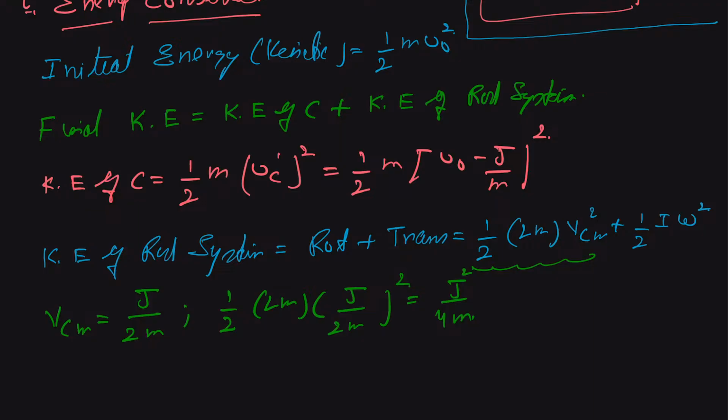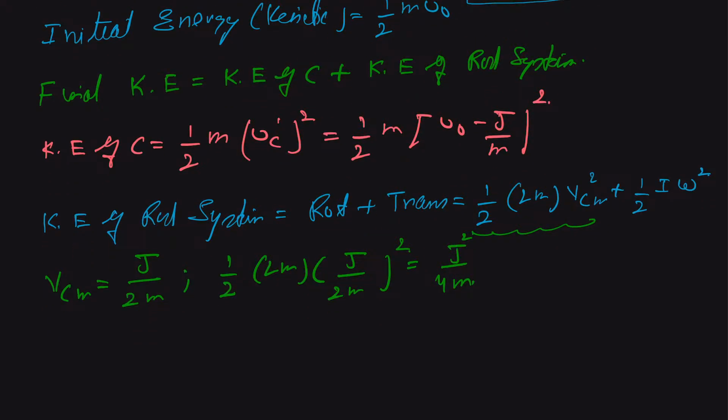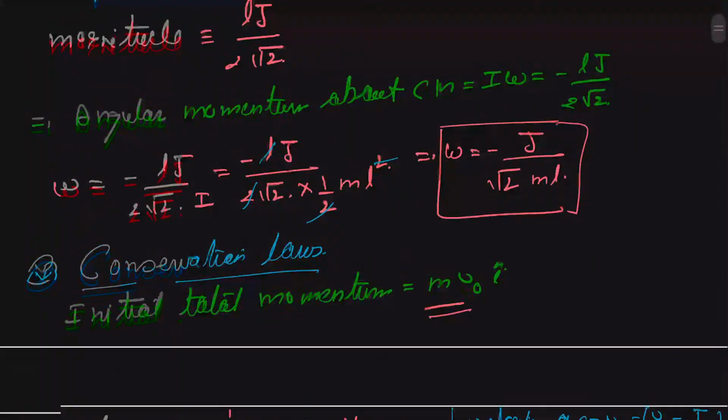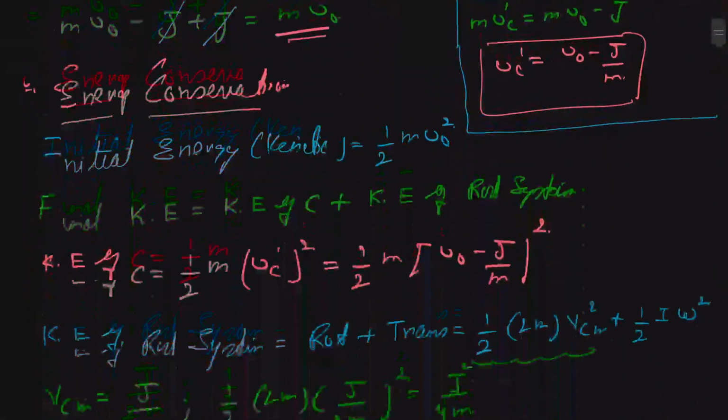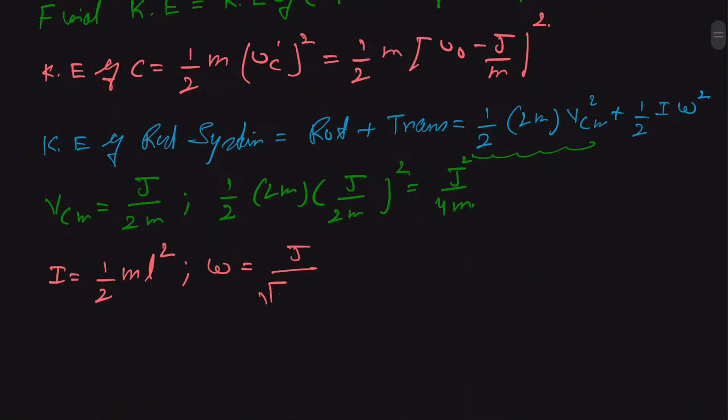And the moment of inertia we also know, the value of I is half m l square. And omega we also know is equal to j upon square root of 2 m l. Therefore, we can calculate the second part.